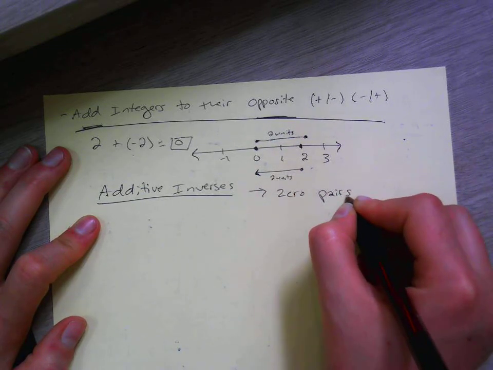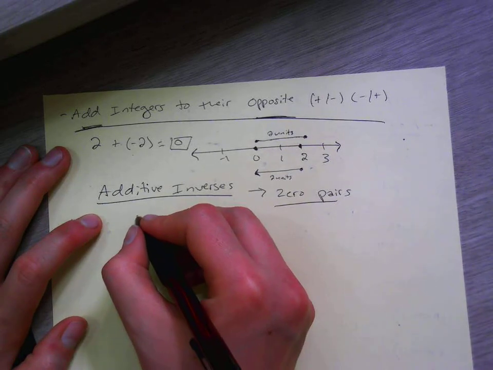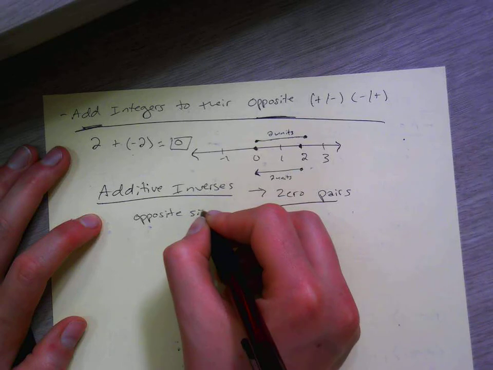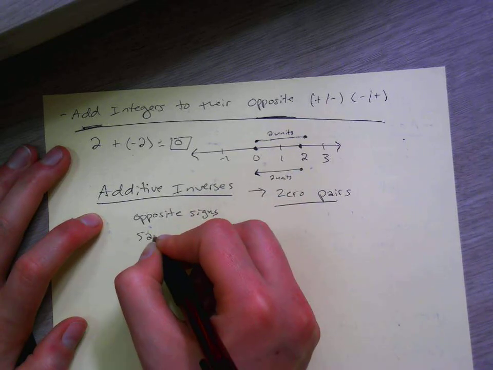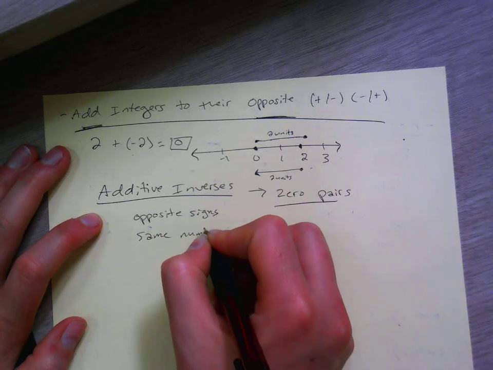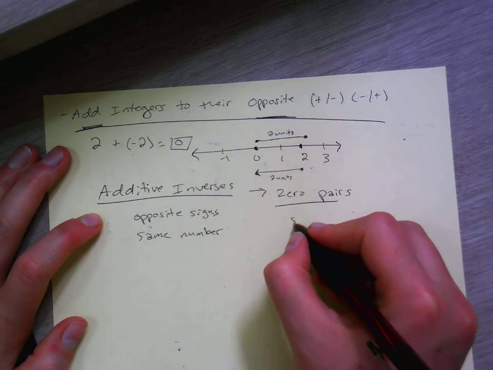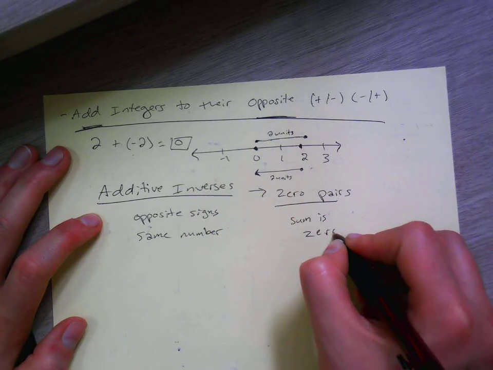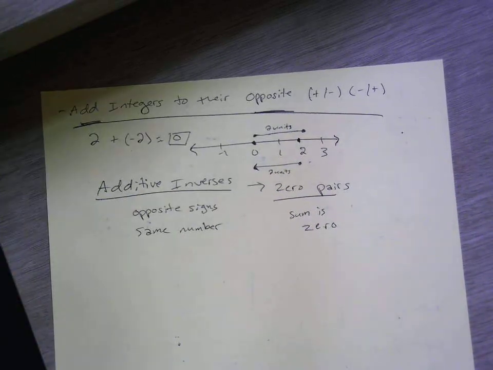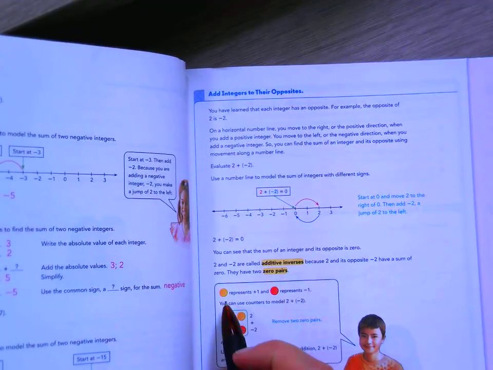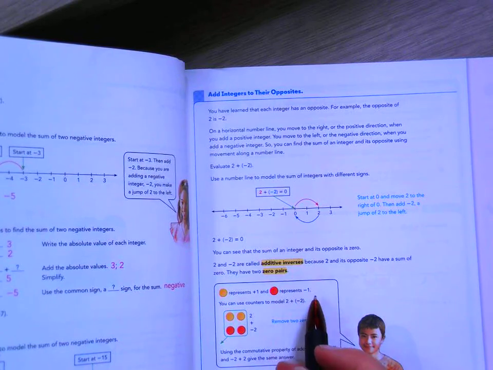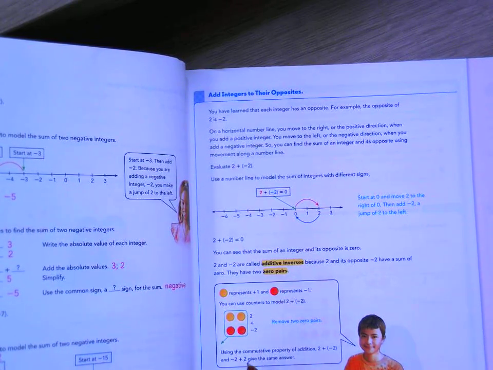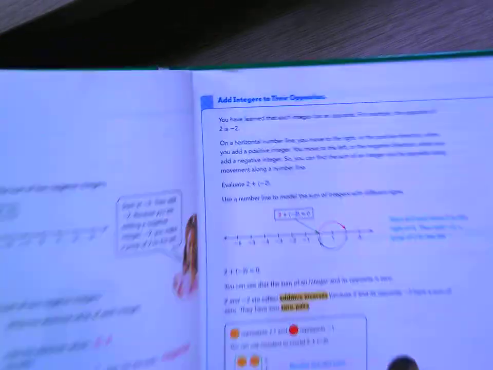So additive inverses are opposite signs, same number, and the sum is 0. That's how you know that it's a 0 pair. So for an example in this picture, you can see this represents 1, this represents -1. So if you have 2 of these and 2 of these, they cancel each other out, and that gives you 0 either way.